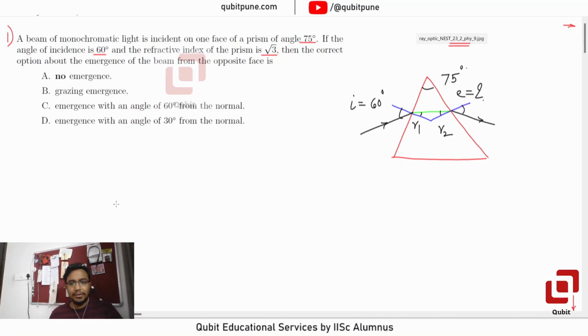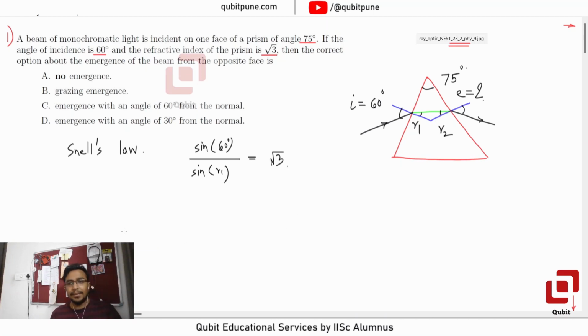Simple question on Snell's law. Let's apply the law. Sin I upon sin R will be √3.